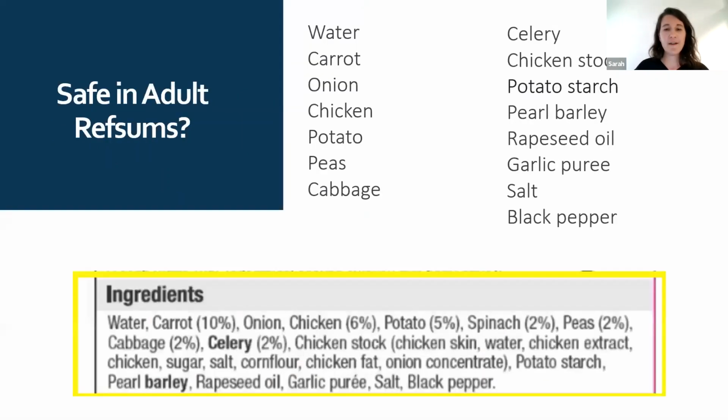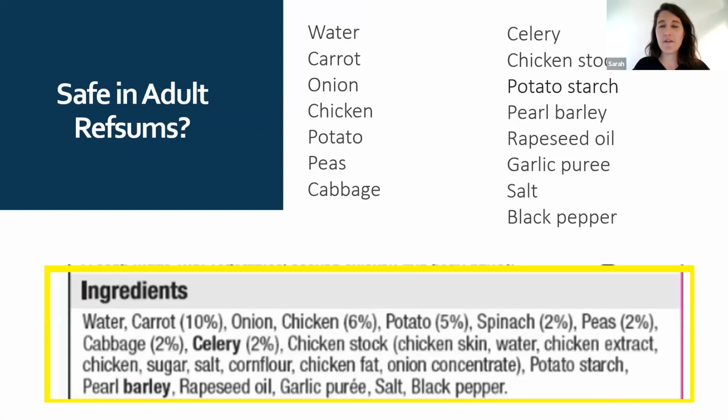I've gone back to the first product that we had on the first few slides to work through this. If someone with adult Refsum's was looking at the chicken and vegetable broth, I've included all the ingredients listed here in order. So water, carrots, onion, chicken, potatoes, peas, and cabbage.